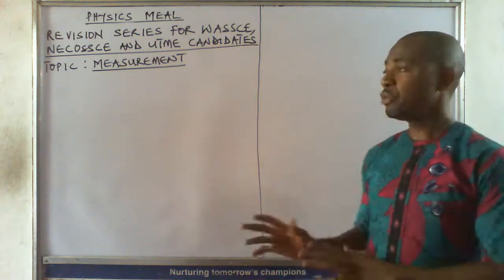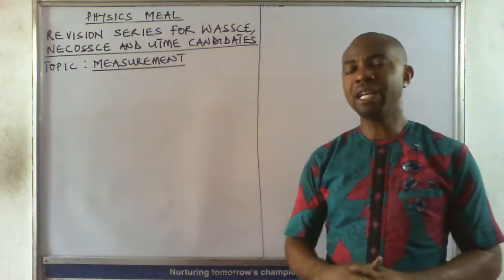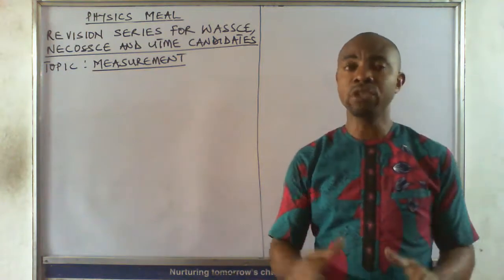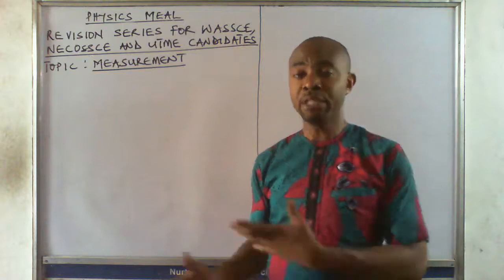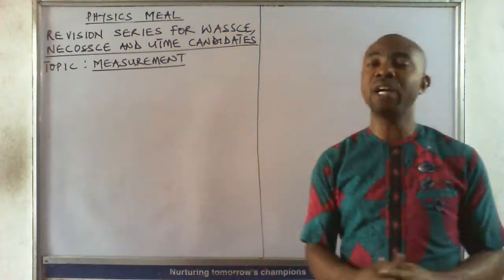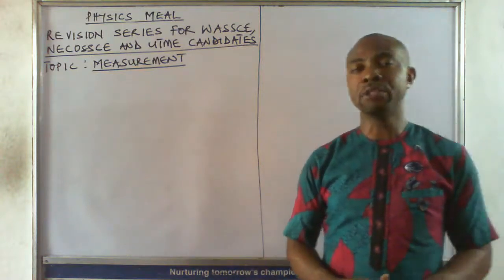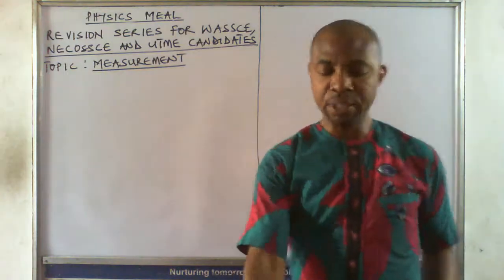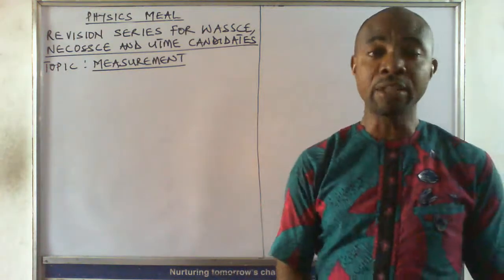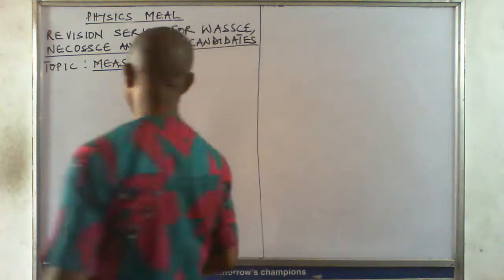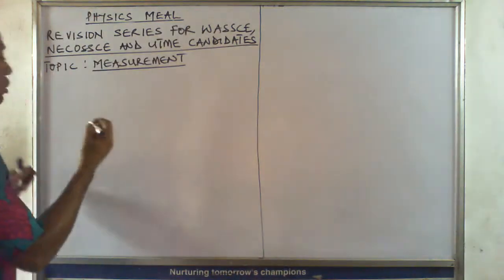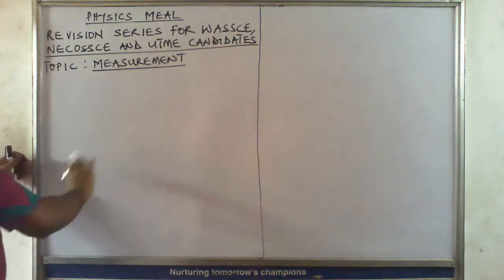So today we're going to look at the last aspect that we must consider in measurement, and that aspect is finding constants in arbitrary dimension. So that's the aspect we're going to look at, and then we'll conclude and move over to another topic on this revision series.